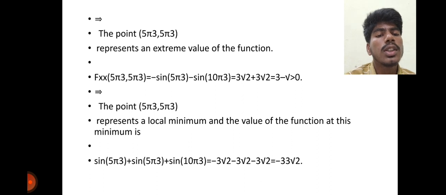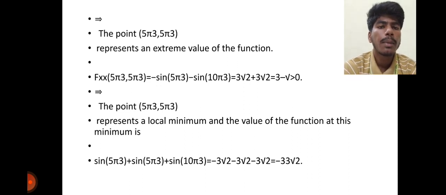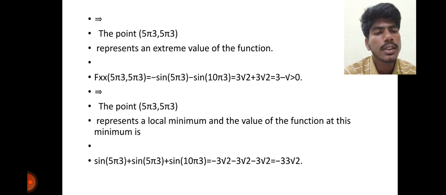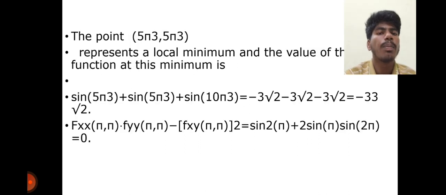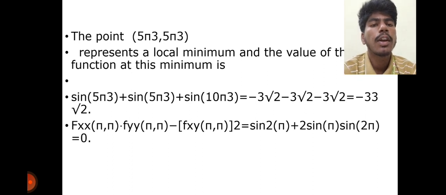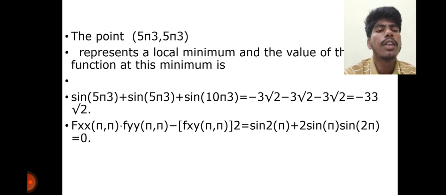So the point 5 pi by 3 represents the local minimum, and the value of the function at the minimum is sin of 5 pi by 3 plus sin of 5 pi by 3 plus sin of 10 pi by 3, that equal to minus root 3 by 2 minus root 3 by 2 minus root 3 by 2, so minus 3 root 3 by 2. The point 5 pi by 3 represents the local minimum value of the given function.